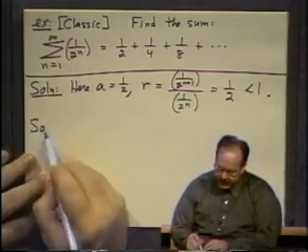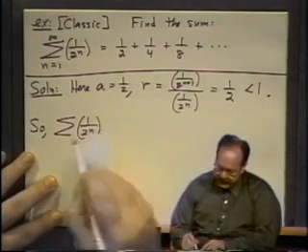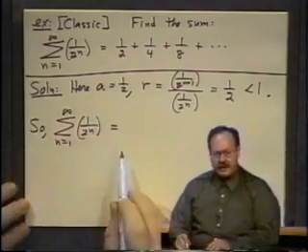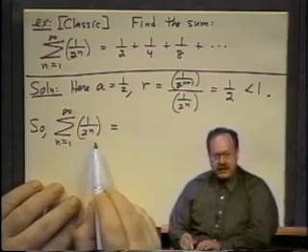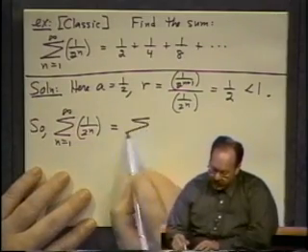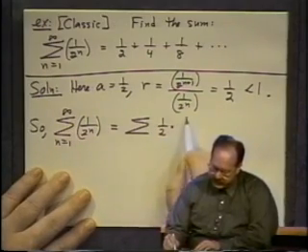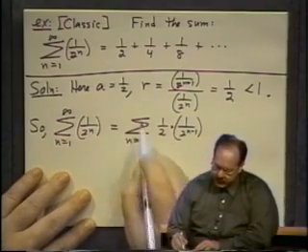So, with that in mind, the series here, the sum of 1 over 2 to the n, n equals 1 to infinity, I need to put in a form that I can use, which means I need to distinguish the a here from the power of r. So I will rewrite this sum as 1/2 times 1 over 2 to the n minus 1, n equals 1 to infinity.